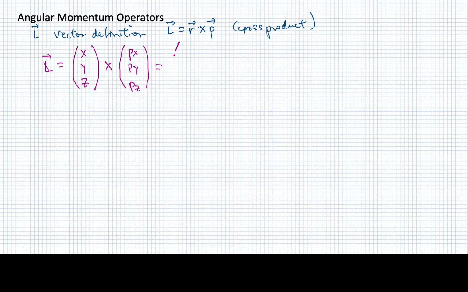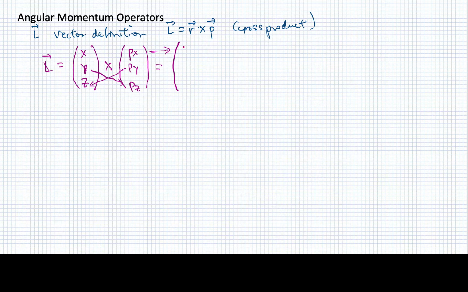Well, I'll outline the formula for it. If I want the initial row here, I'll take the component in the second row down here times the third component down there, and then subtract the second one over here with the third one over there.